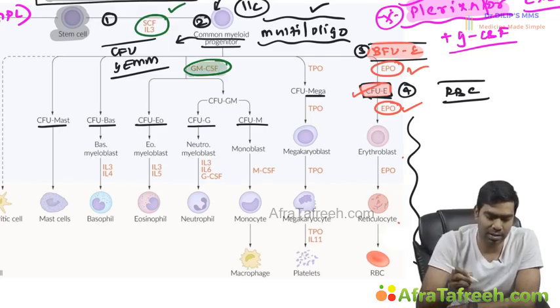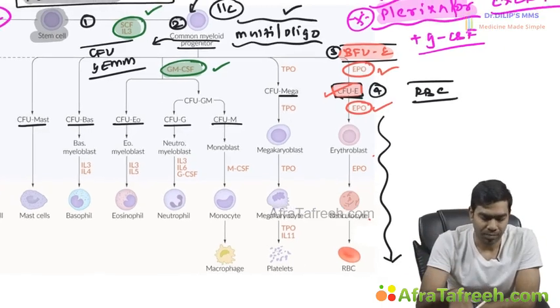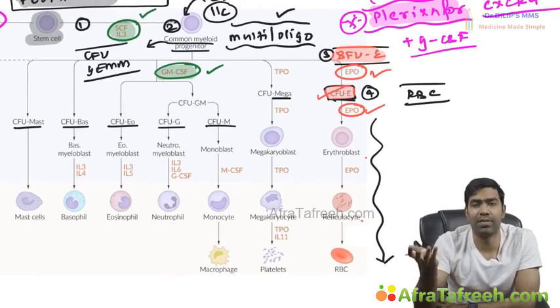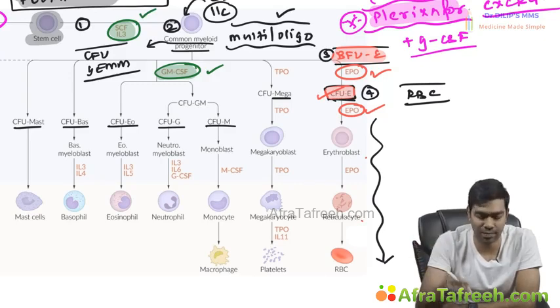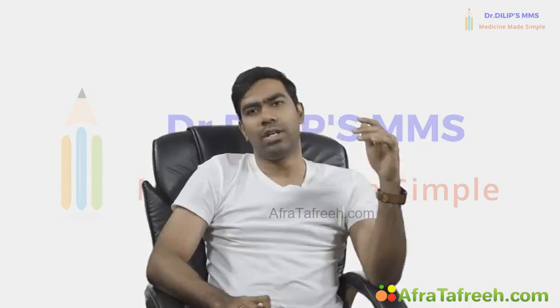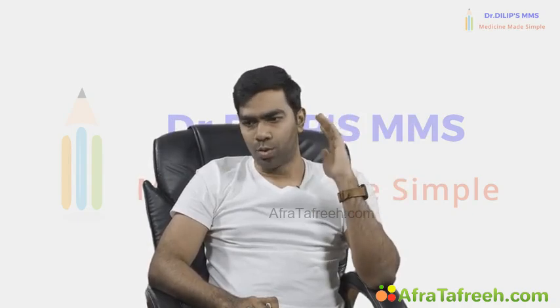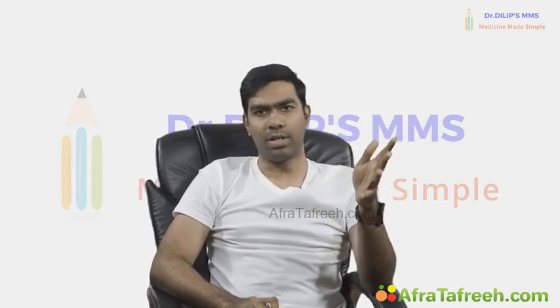Again, GM-CSF is extremely important for commitment, not only for one particular lineage. SCF, stem cell factor, interleukin 3 and granulocyte macrophage colony stimulating factor, GM-CSF, have overlapping functions, which means they are not important for one particular lineage but for many lineages. Specifically for the erythroid, it's erythropoietin that is very, very important.